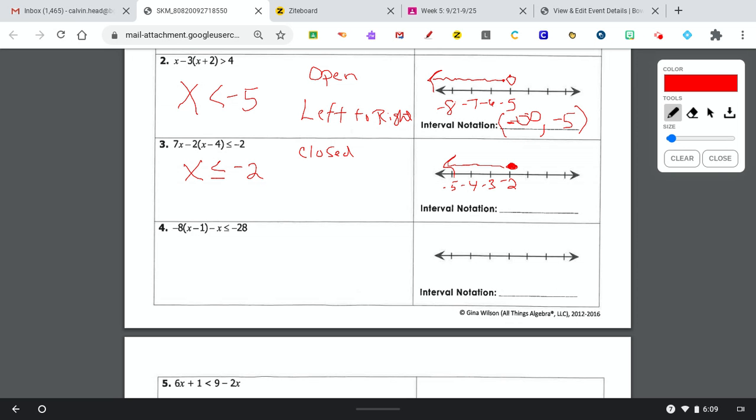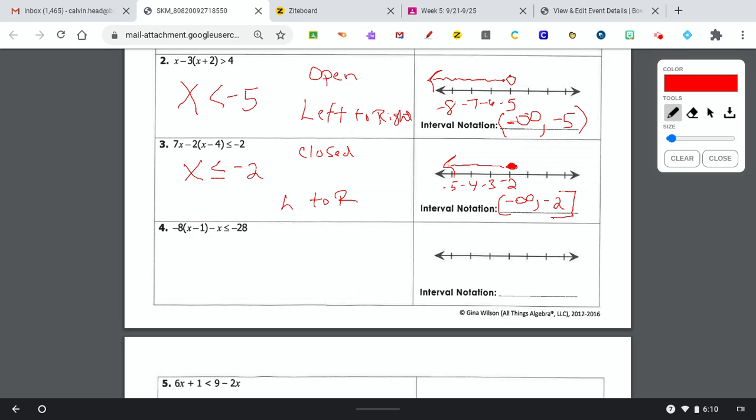Okay. Again, look left to right. And I see the arrow first. So that's going to be negative infinity, comma, and then I see the -2. Now, infinities are parentheses, but closed circles are brackets.